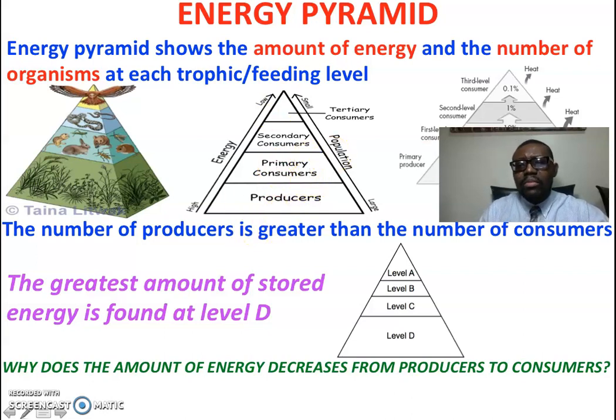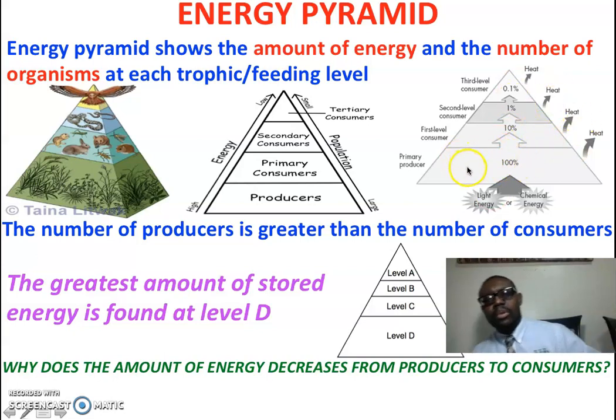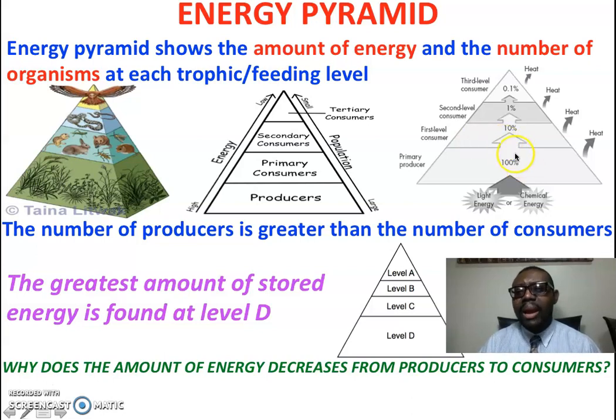If you look at this energy pyramid diagram, you see that as you move from producers to the next levels of consumers, the amount of energy being transferred decreases. Only about 10% of energy gets transferred from producers to the next levels of consumers. At each level, only about 10% is being transferred, and this means that some of the energy is converted to heat.